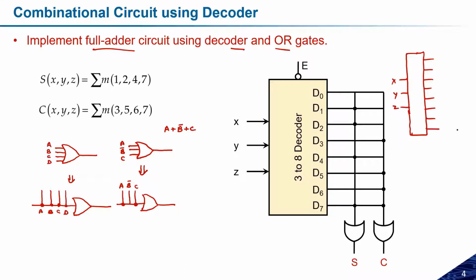And if I want to make the sum, then how will it be? What I need to do is simply, let me write it properly. If I want to make the sum, then D1, D2, D4, and D7.